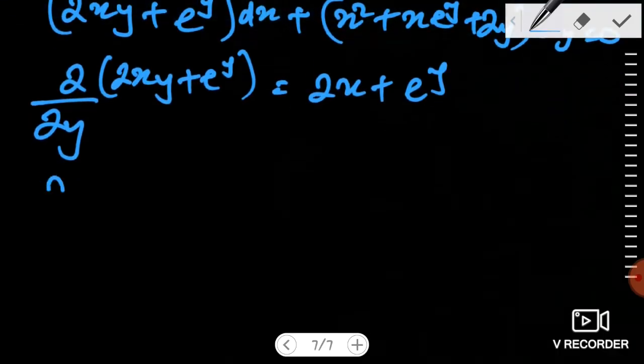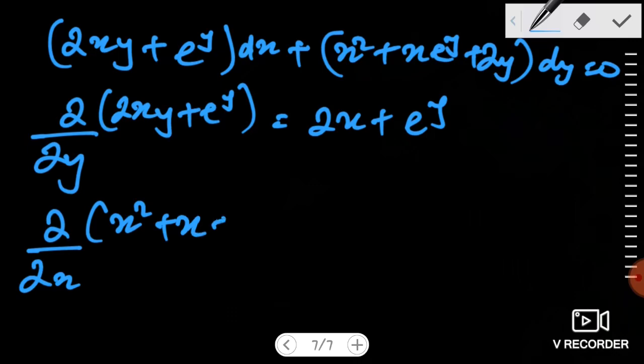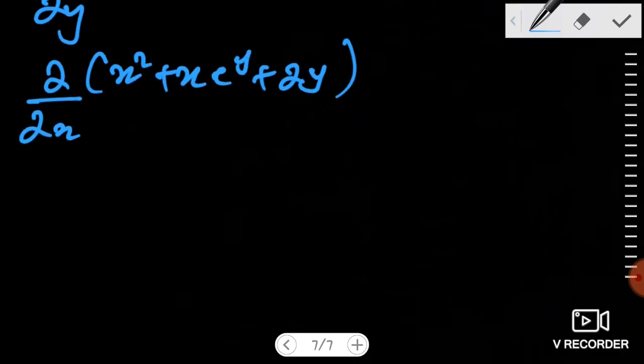Now we want to differentiate partially. This is partial x of x squared plus x e^y plus 2y with respect to x, right?